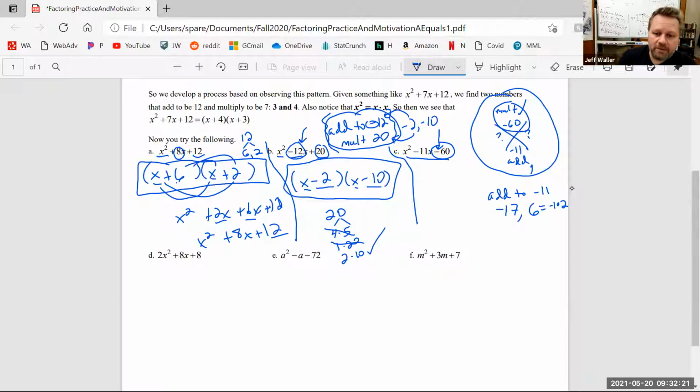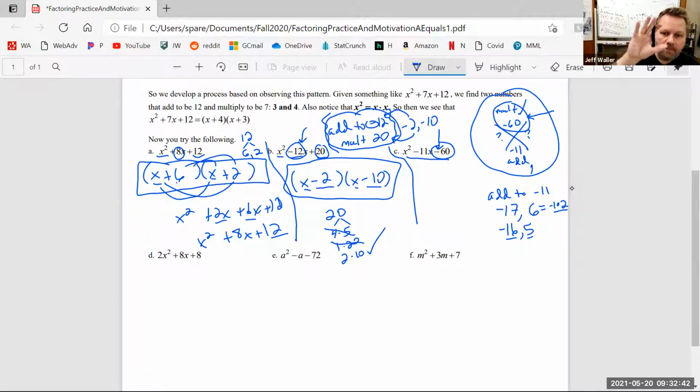I really want you to understand what I'm doing. I'm making a list of numbers that make one of the 2 things happen and then checking to see if the other thing happens. That's way too big. I wanted it to multiply to negative 60. So let me go down to negative 16 and 5. Do you see how that still adds to be negative 11, everybody?